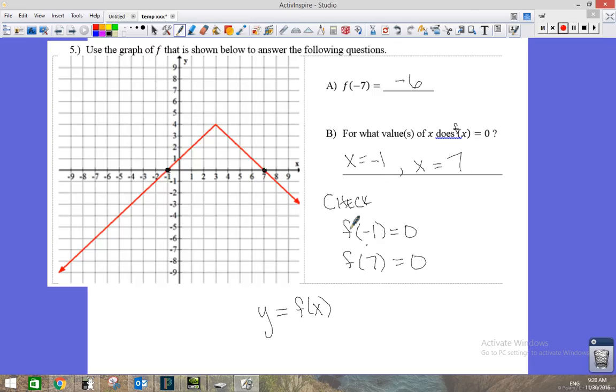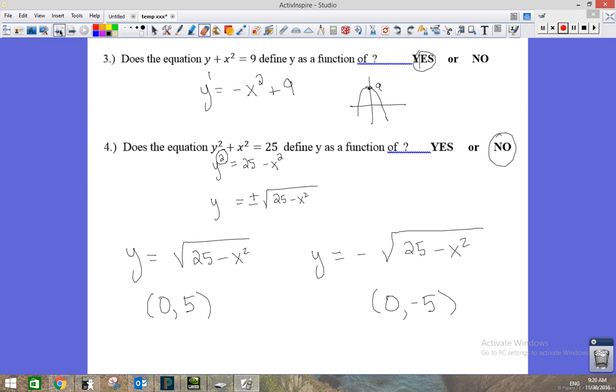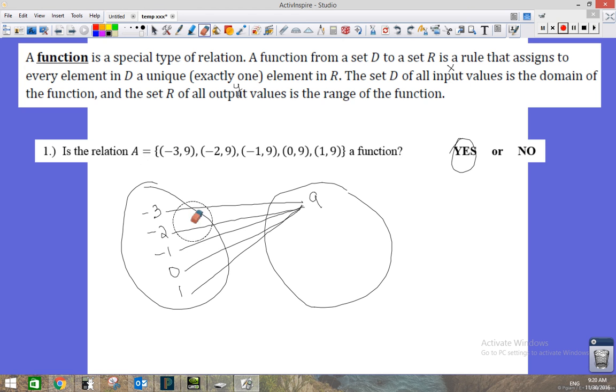Okay, so those are my answers there. Recognize that in part A it's asking you for a y coordinate, and in part B it's asking you for x coordinates, which could have multiple. You'll only get exactly one output, but you might have different inputs. Remember, we had everybody going to 9 in that very first problem, and it was a function.